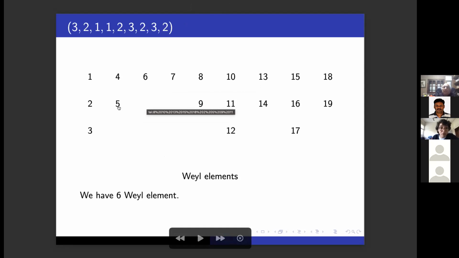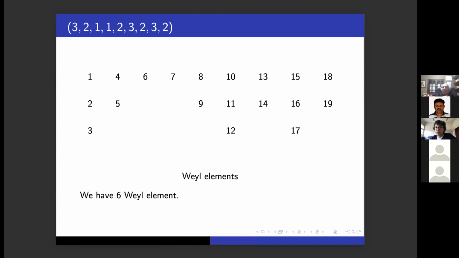And I have 4, 5 and 8, 9, and I take 9 and put it under 5. And I have this pair of neighboring columns, 1, 2, 3 and 10, 11, 12. I take the last box and put it under 3. And 10, 11, 12 and 15, 16, 17 is another pair of neighboring columns, and I can take the last box, 17, and put it under 12.